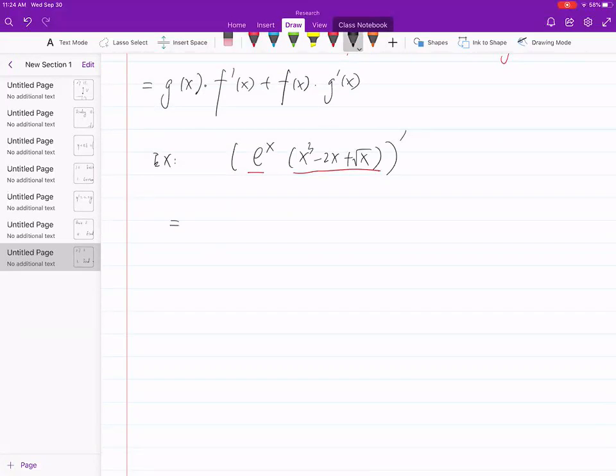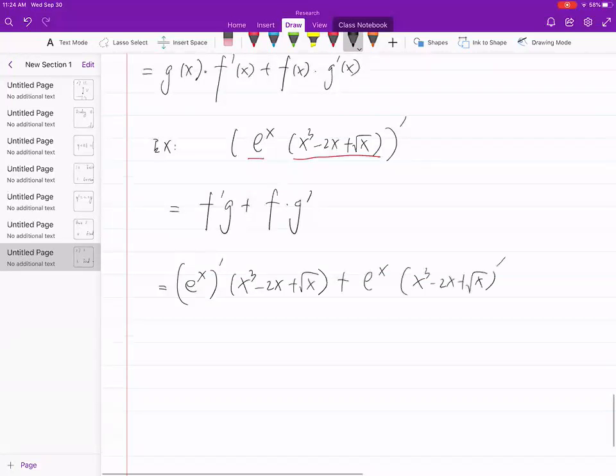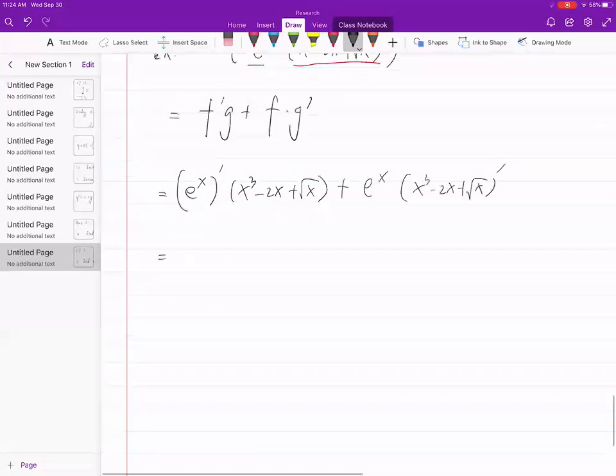Again, don't just do each and multiply them together. Instead, follow this, which is e to the x prime, keep this, plus the prime of the second. E to the x prime is just e to the x. Keep everything here.